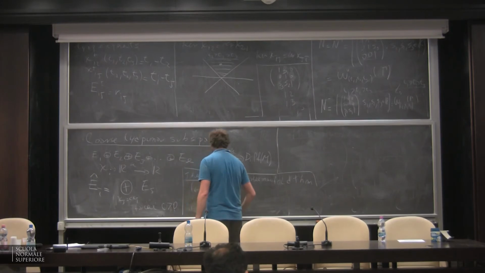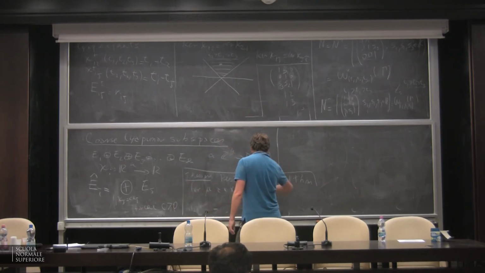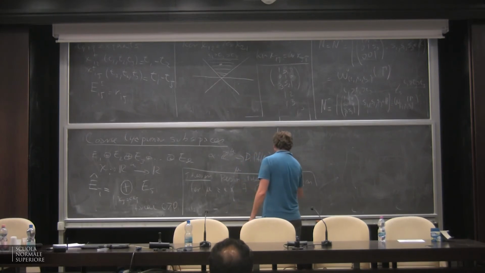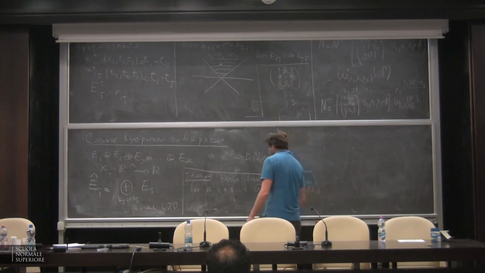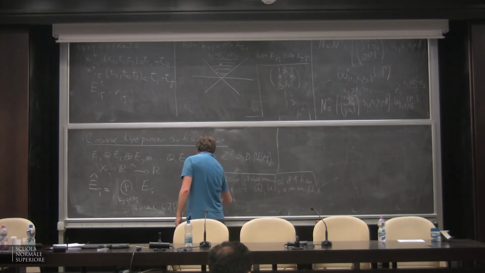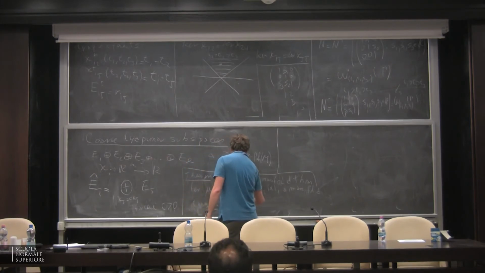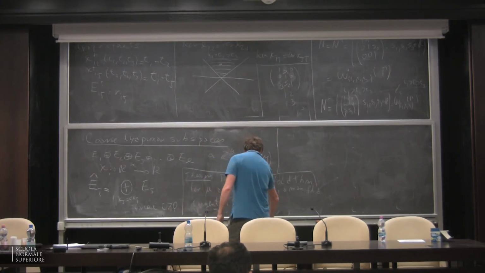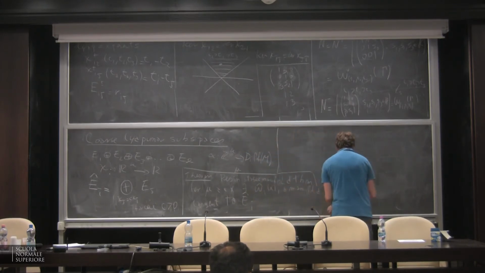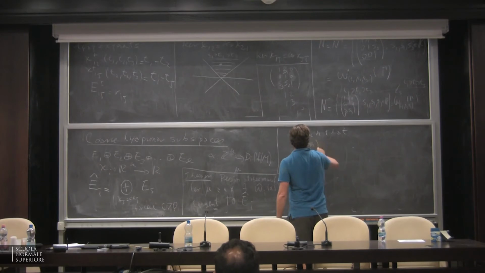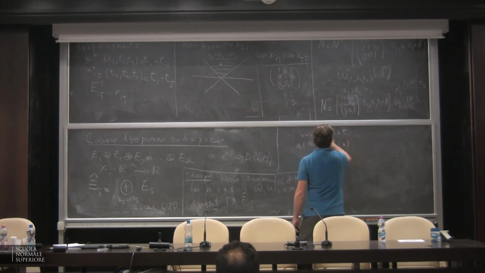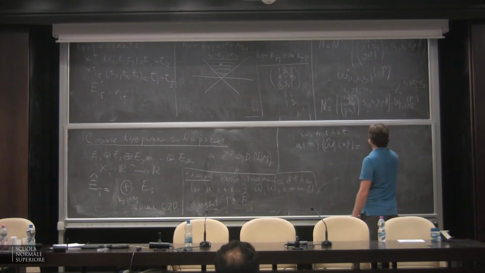For almost every x, there exists a manifold, a good manifold, W_i hat at x, tangent to pi hat, such that alpha_n of W_i hat of x is equal to W_i hat of x.